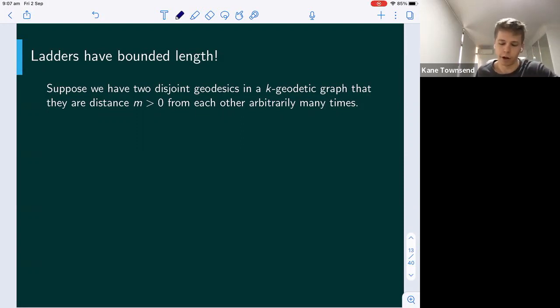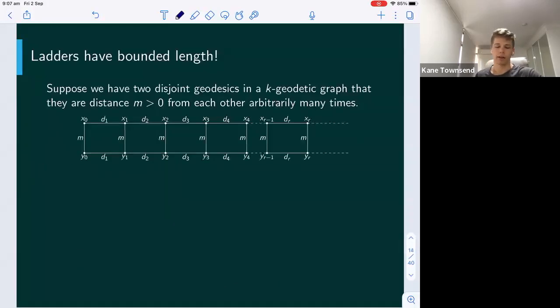For a contradiction, suppose that it happens arbitrarily many times, then we have some diagram like this. We've got our top row, a long geodesic here, and our bottom row, a long geodesic here. And at some points along this, they're distance m away from each other.